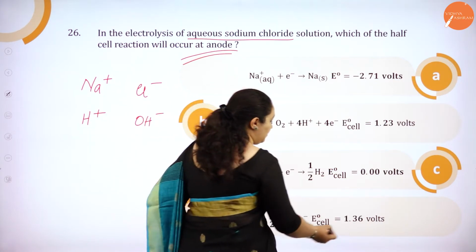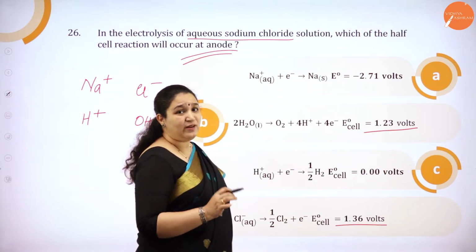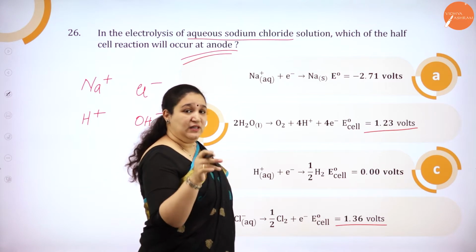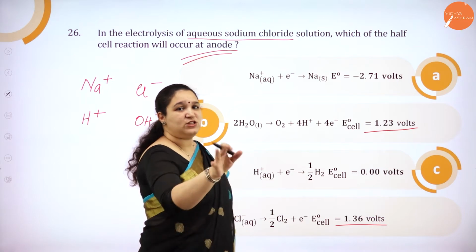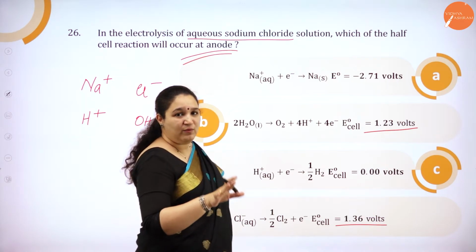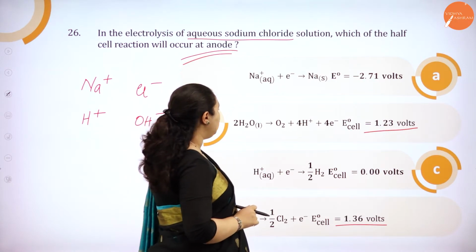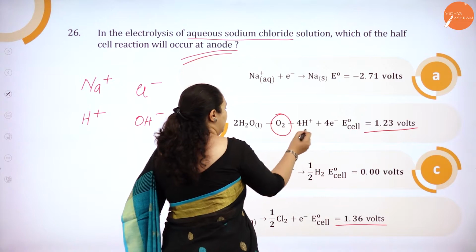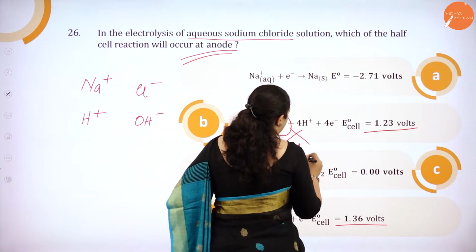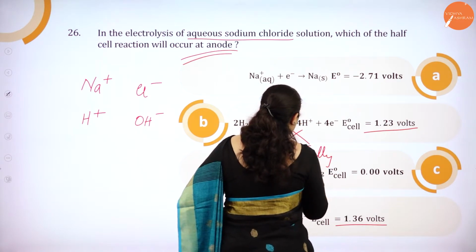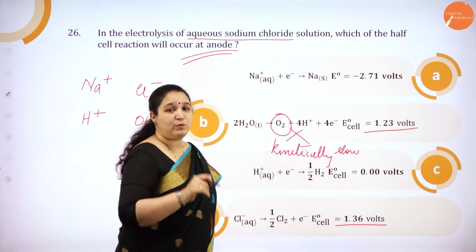What is the volt here? 1.36 volt. This is 1.23 volts. At anode, which is the one which will get liberated? When the E naught value is lower, that reaction will happen at anode. So according to that, oxygen should get liberated, but it is not getting liberated, because it is a kinetically slow reaction, or the concept of overpotential you have heard.